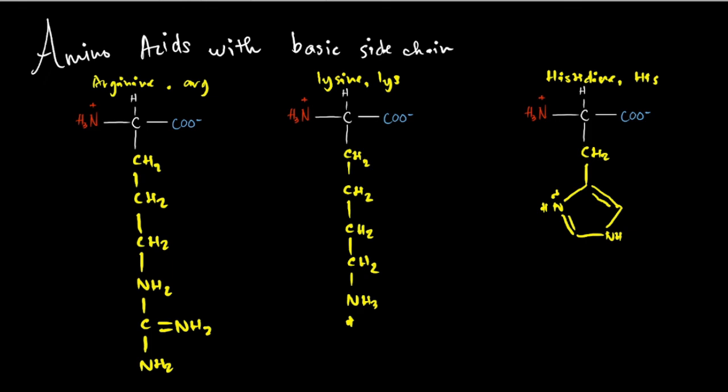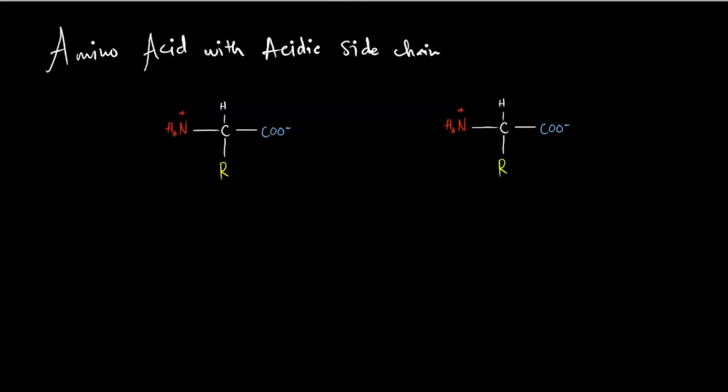Okay? And on that note, our next class of amino acids is those amino acids with acidic side chains. For those acidic side chains, we only have two representatives.